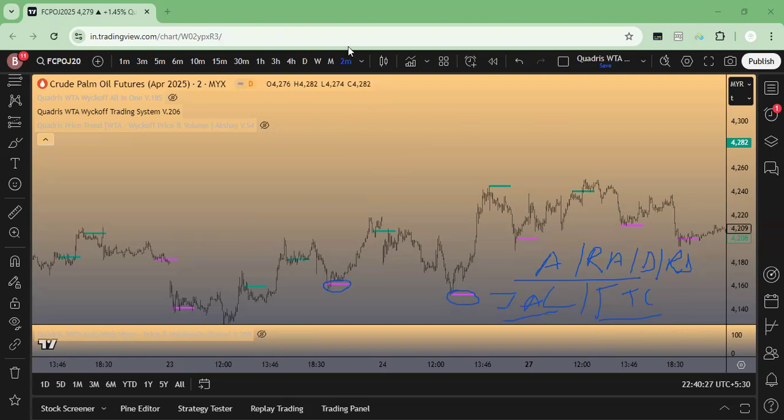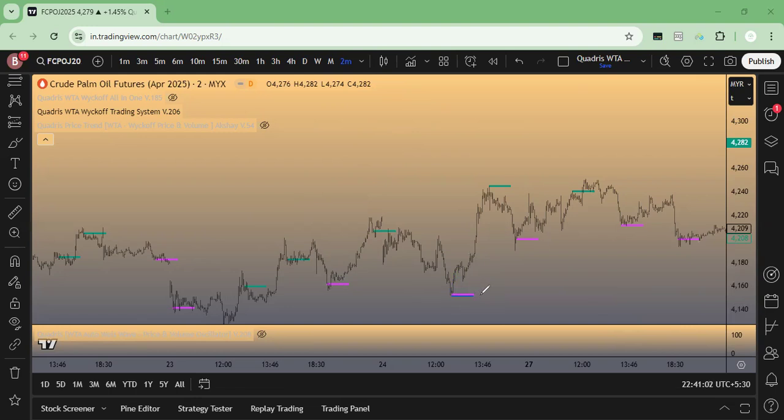When this is an accumulation, if price is coming back and testing it, that means this is an accumulation zone. Fuchsia color line means accumulation.